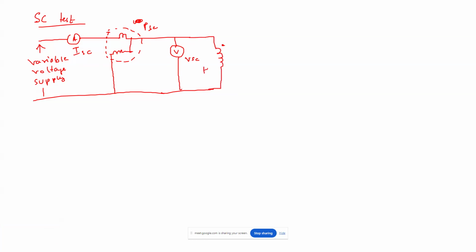So this is the high voltage side. This is the low voltage side. And the low voltage side is short circuited. So this is the situation. This variable voltage supply is given from the auto transformer.